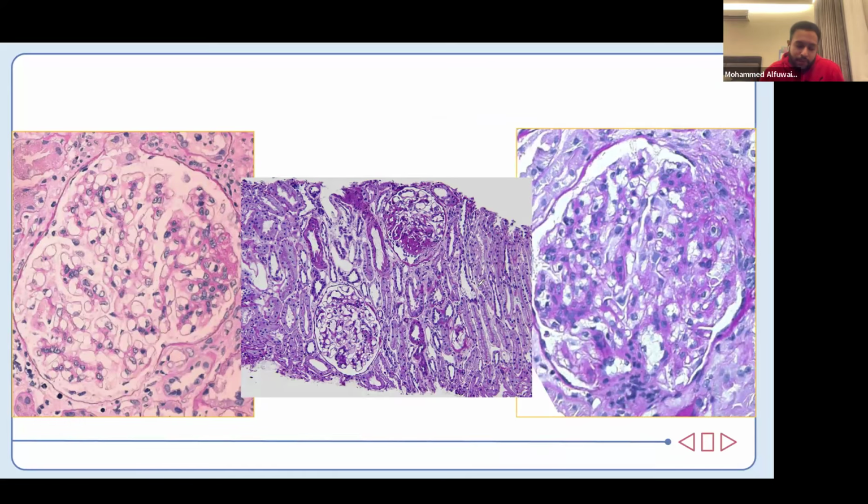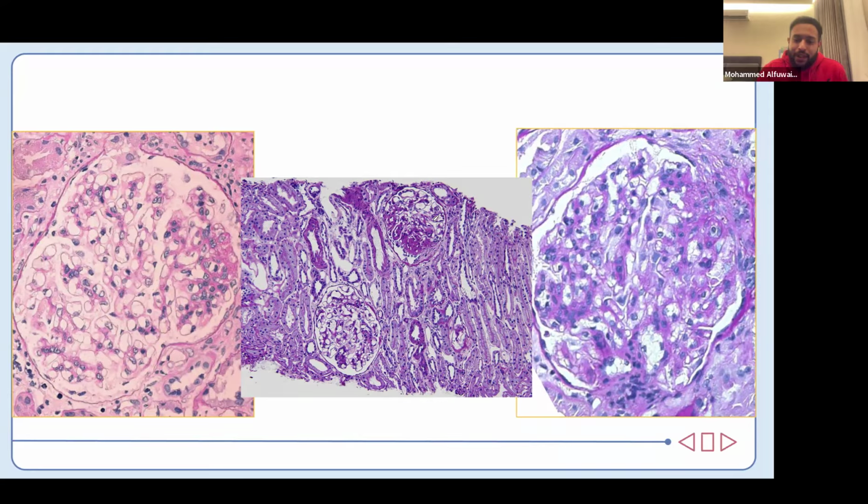Now, you have this patient who is obese, has diabetes, could be someone who is taking heroin as well, presenting to you with proteinuria and edema and a hypercoagulable state. This is FSGS. Good.